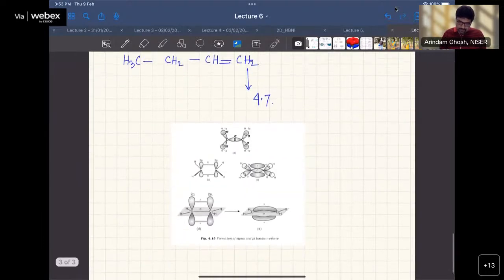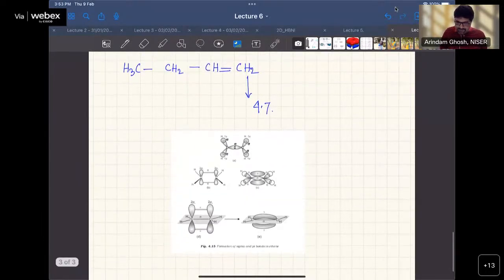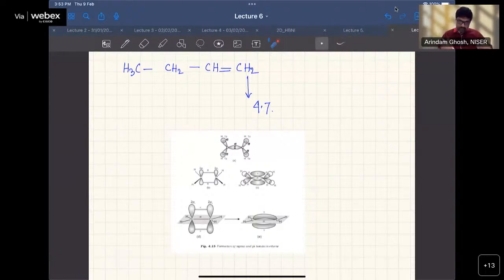So this double bond, you know that if you have a CC double bond, one bond is basically a sigma bond, head on between the two p orbitals, right? But the other bond is a pi bond, correct? So you have these two p orbitals.